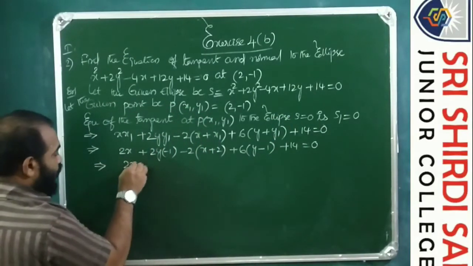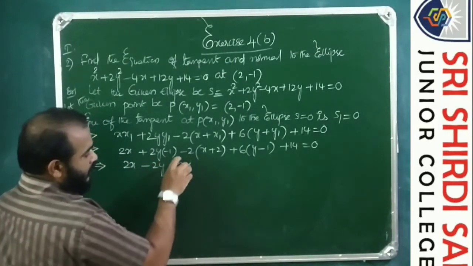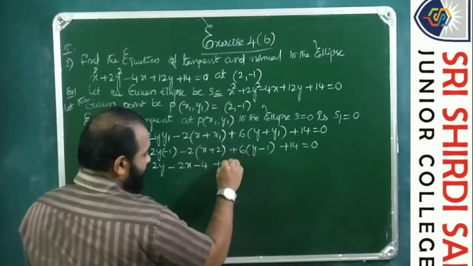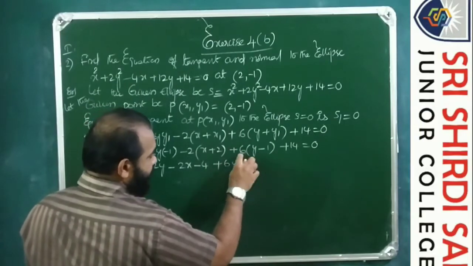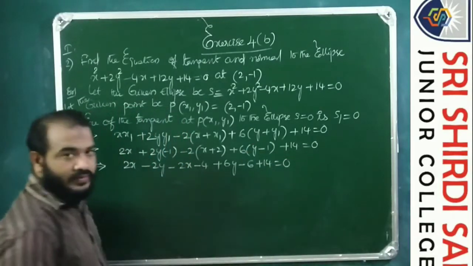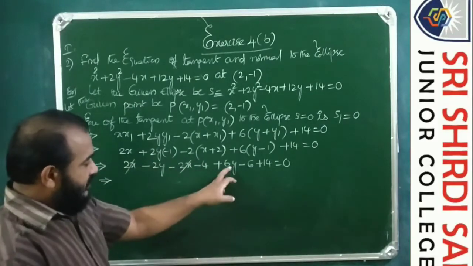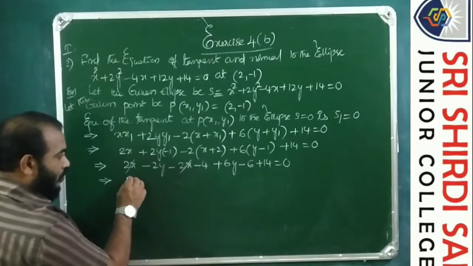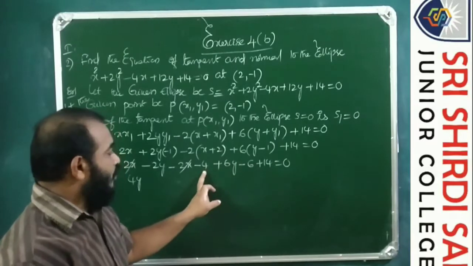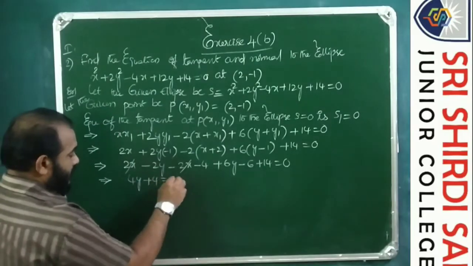So this equals 2x minus 2y minus 2x minus 4 plus 6y minus 6 plus 14 equals 0. So 2x gets cancelled. 6y minus 2y is 4y, minus 6 minus 4 is minus 10, minus 10 plus 14 is 4, equals 0.